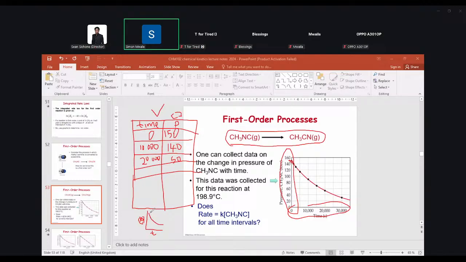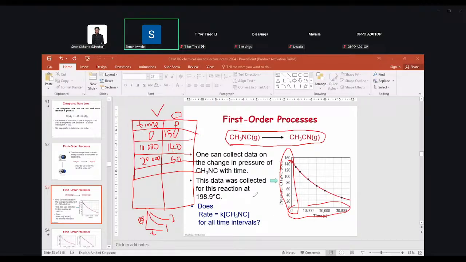We saw that curve last time. For a first order it gave a curve, and for a second order it gave a curve. So this will not be helpful, because for a second order and for a first order, all of them give you a curve. So you will not know whether this is a first order or a second order.